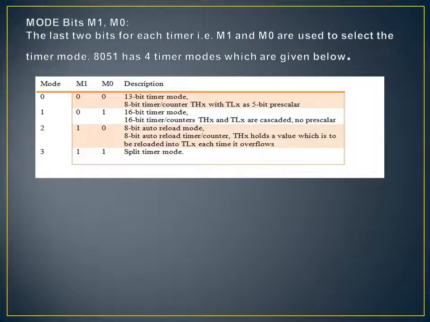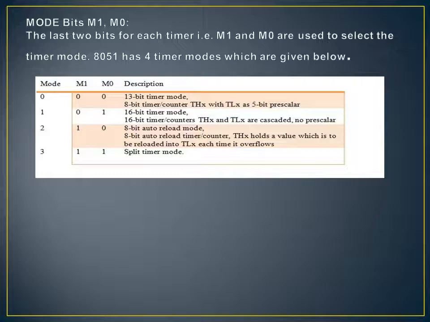So this is the table for all the modes having bits M1, M0. The last 2 bits for each timer, M1 and M0, are used to select the timer mode. 8051 has 4 timer modes. When M1 is equal to 0 and M0 is equal to 0, mode 0 is selected, that is 8-bit timer counter.